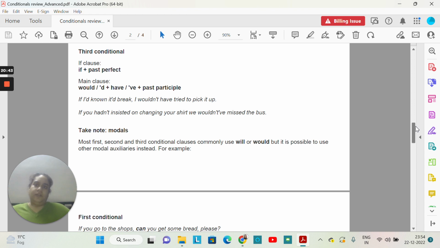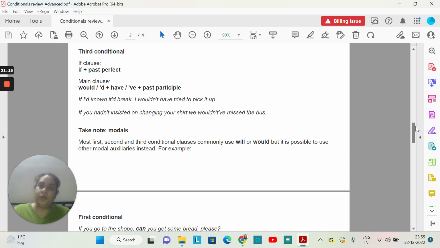So your result clause can be would plus have plus past participle, or if you want to make it easy to remember, would plus present perfect tense, because present perfect tense is also have plus past participle. The only rule is here you will not have has. It will always be have. So would plus have plus past participle. But your modals can change as per the situation. Please remember that your modals can change.